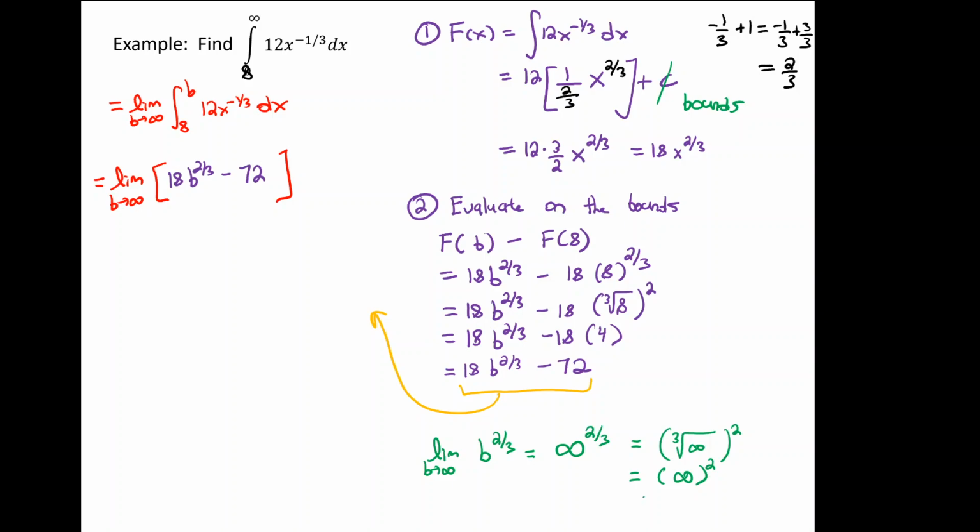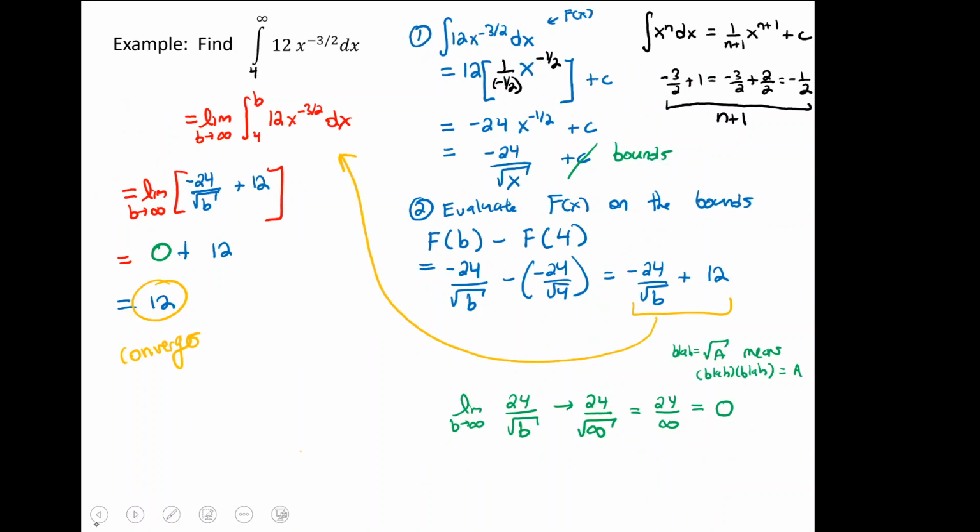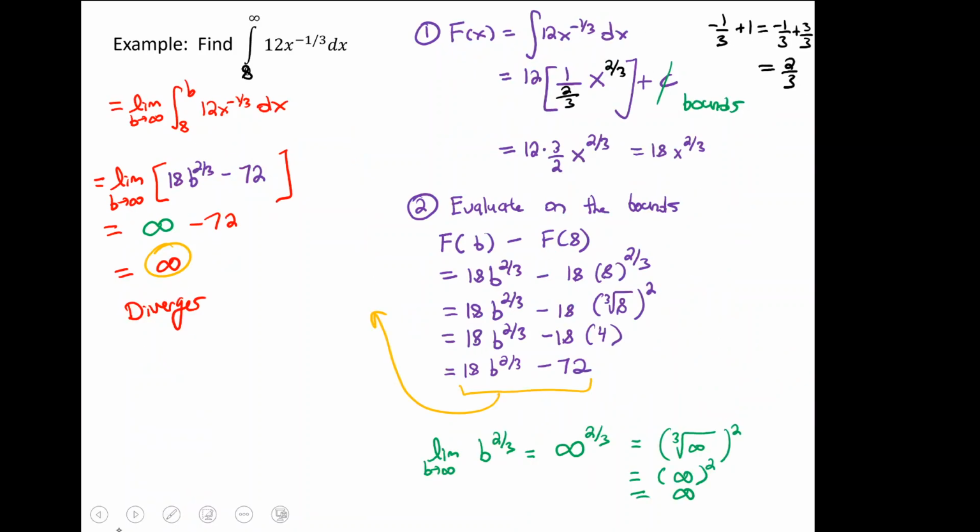Okay, now we have infinity squared, which is again infinity. So it isn't looking too good if what we want to get out of this is a number, because we have infinity minus 72, which is infinity, which means the integral diverges. We don't get an answer out of this. So it looks very similar to the last one. The last one we had power negative 3/2, and this one power negative 1/3.